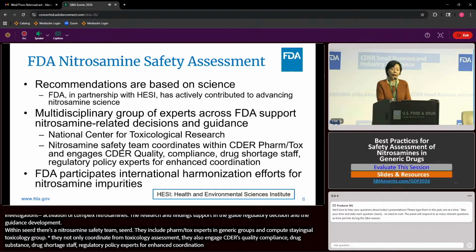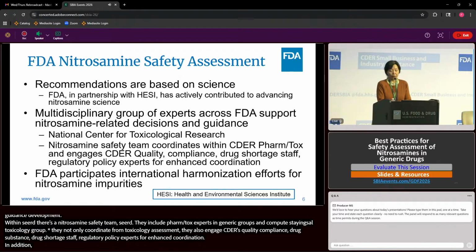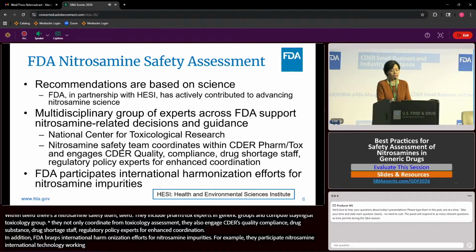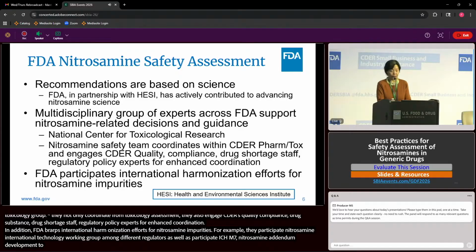In addition, FDA participates in international harmonization efforts for nitrosamine impurities. For example, they participate in the Nitrosamine International Technical Working Group among different regulators, as well as in ICH M7 nitrosamine addendum development to improve harmonization on nitrosamine assessment.